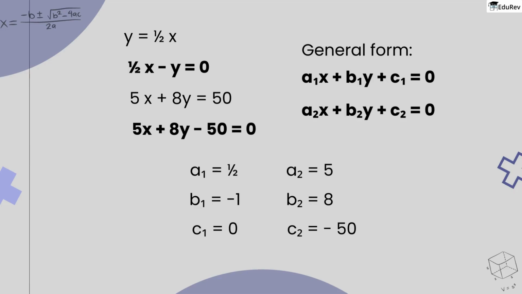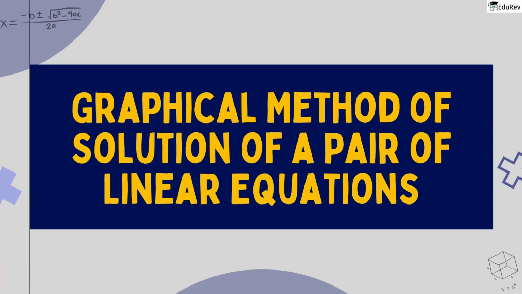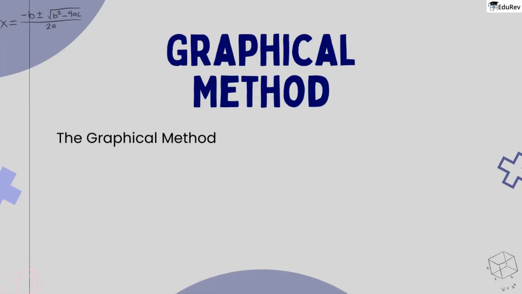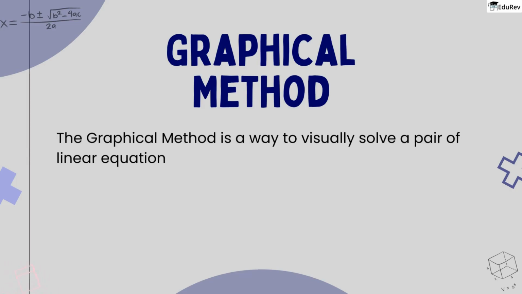Students, as mentioned, we will talk about the graphical method of solution of a pair of linear equations. But what is the graphical method? The graphical method is a way to visually solve a pair of linear equations.